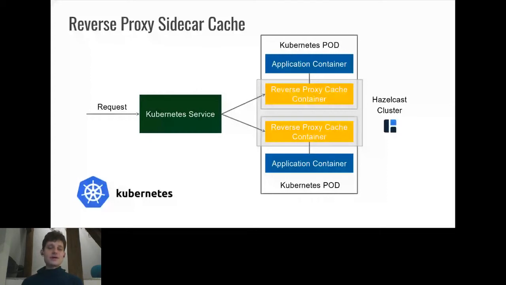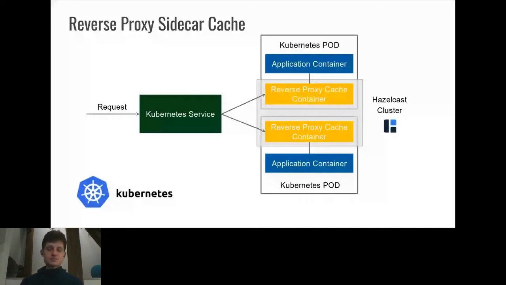And now inside the pod, it's not the application that receives the request, but a reverse proxy cache container, which is a kind of cache server, also like an interceptor of the network. If the request is found in this reverse proxy cache container, it just returns the cached value. However, if the value is not found, only then is it passed to the application container.